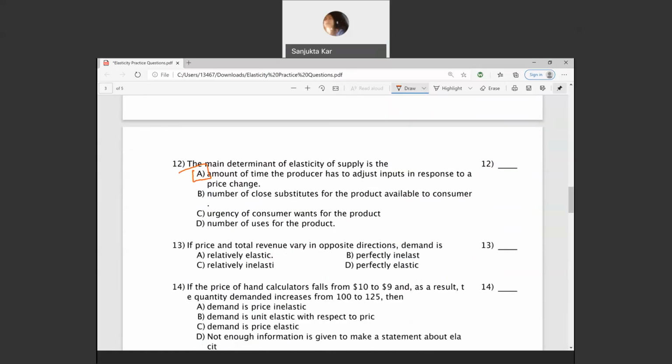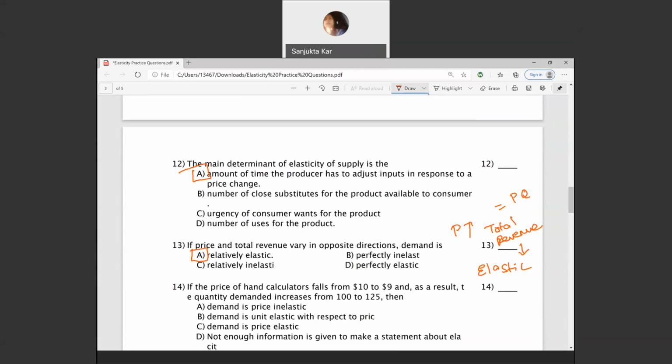If price and total revenue vary in opposite directions, demand is relatively elastic. So if price increases, the total revenue goes down if demand is elastic, and total revenue is price times quantity.